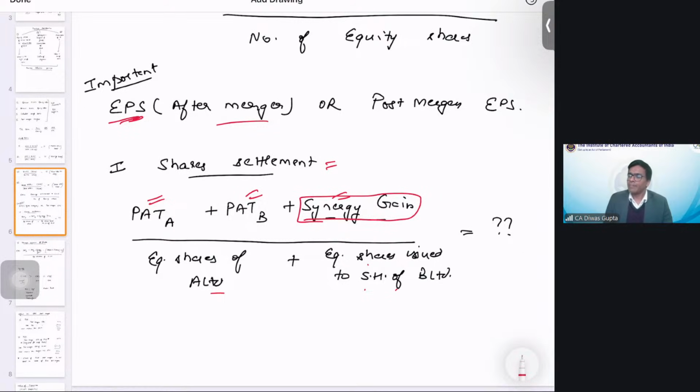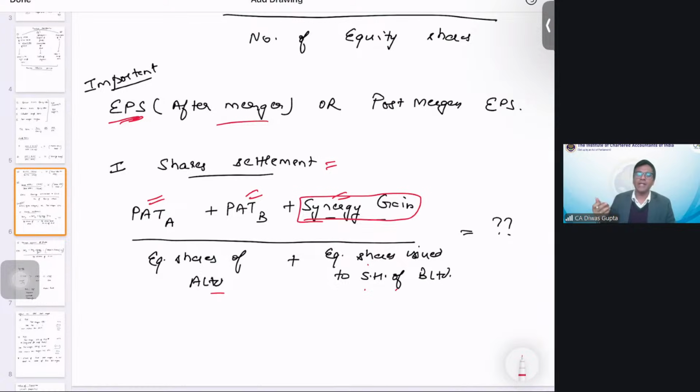That is one. Second, let's say company A was a supplier and company B was a customer. Now synergy gain will mean what? Whatever orders B will give to A, that will become captive, that will become inside.